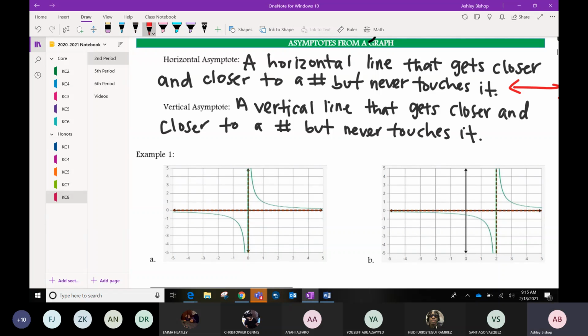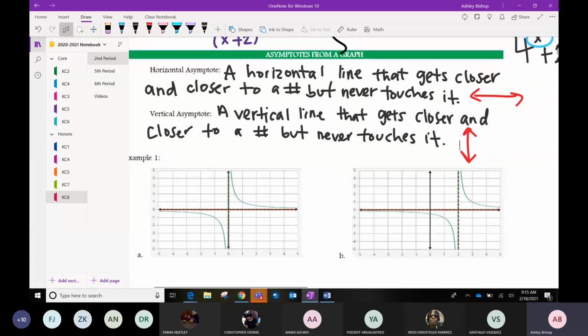And then I like to write myself a note that vertical means going up and down. All right, so finish writing that down and then I will show you what we are talking about in the examples below. Take about 10 more seconds and finish that.